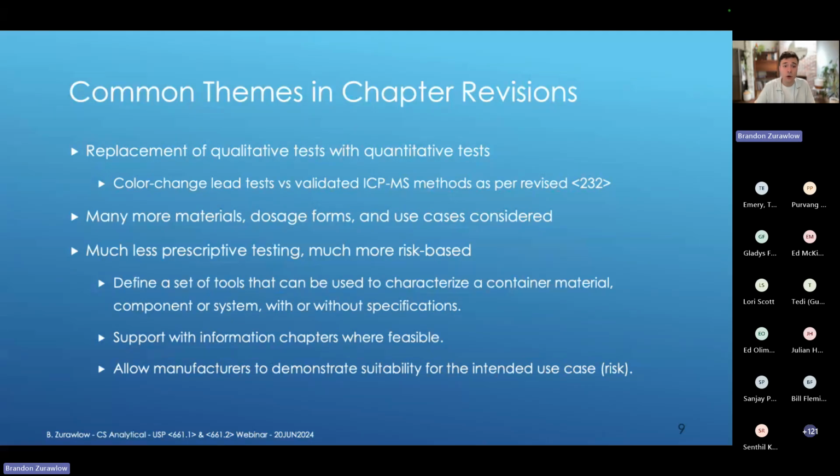I had mentioned before that there are quite a few more use cases out there today than maybe 30, 40 years ago. And rather than try to predict and provide stepwise tests for each of those possible use cases, many of these chapters are presenting the relevant concepts as they apply to those different use cases and do allow the end user to build and justify their own test strategy.